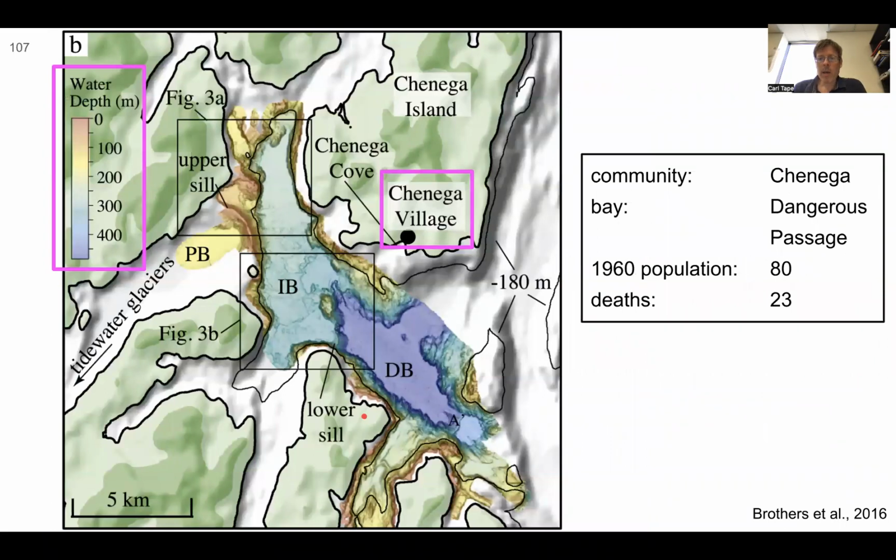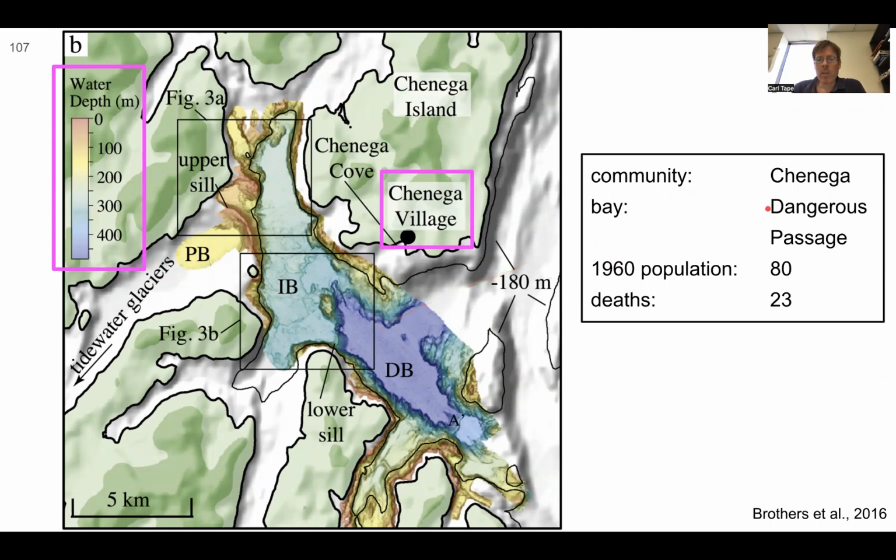Here's a study from 2016. Again, keeping with this theme of the bathymetry, it's the geometry nearby these communities that led to the devastation in terms of loss of life and the local tsunami waves. So here's our water depth, the blues being 300 to 400 meters water depth, carved out by glaciers in the past.